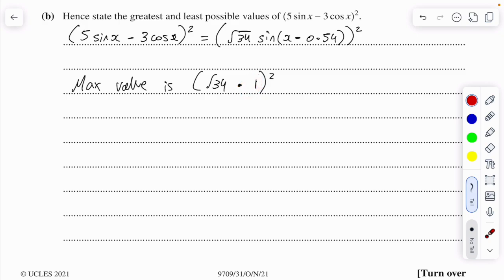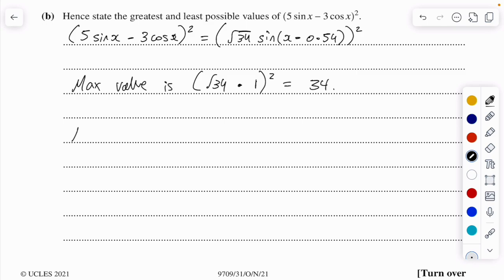Because remember, the max value for sine of anything is 1, unless of course you got a multiplier at the start, but we don't here. It's root 34, but sine itself has max value 1. And we've plugged that in. So therefore the max value is root 34 times 1 squared, which equals 34.